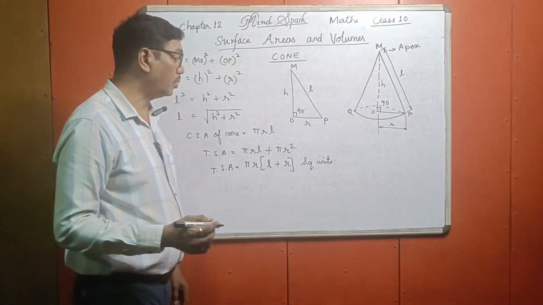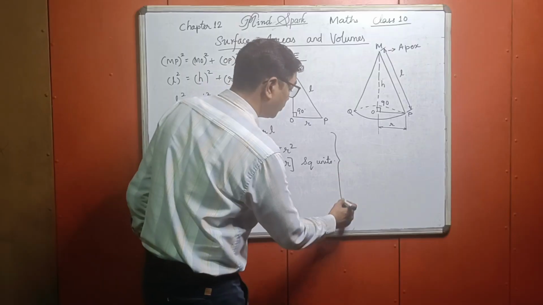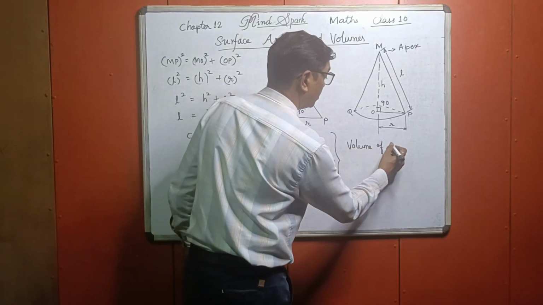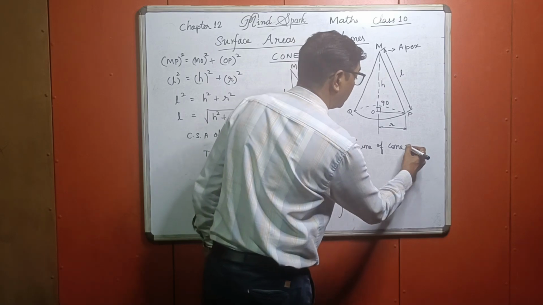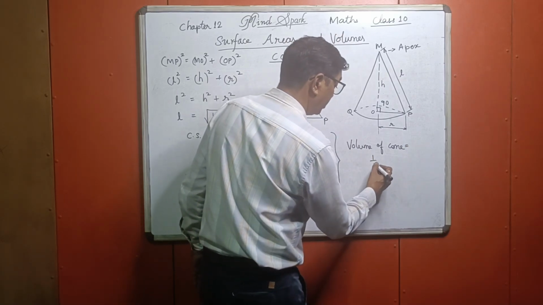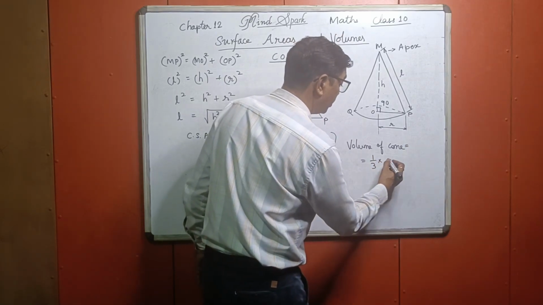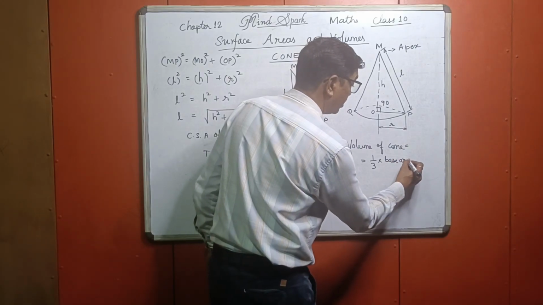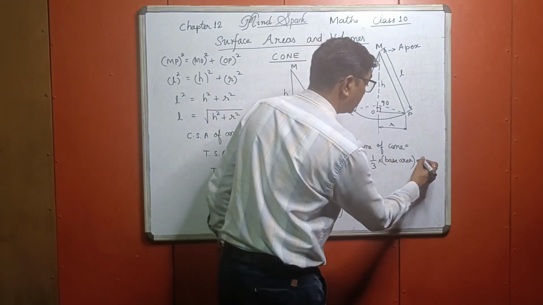Now coming to volume of cone. What is volume of cone? Volume of cone is 1 by 3 into area of the base into height.